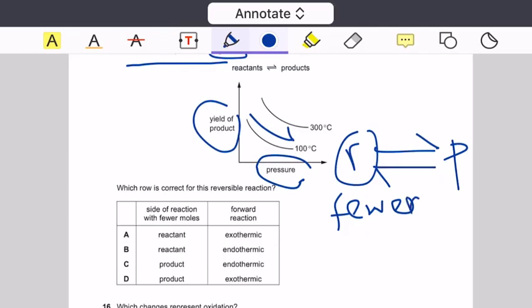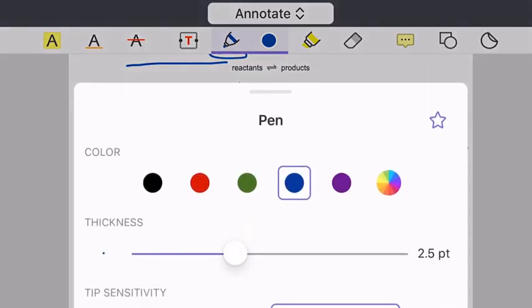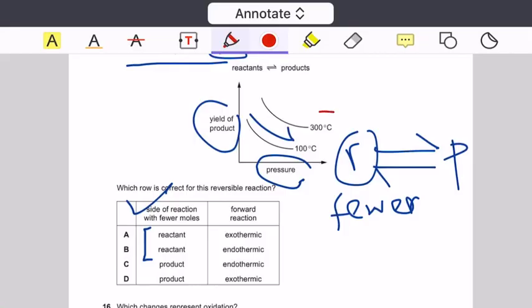So we have to choose the answers with the side of reaction with fewer moles from A and B. Considering temperature, at 300 degrees Celsius you see yield of product is increased. It means the forward reaction should be endothermic. So correct option will be reactant and endothermic, option B.